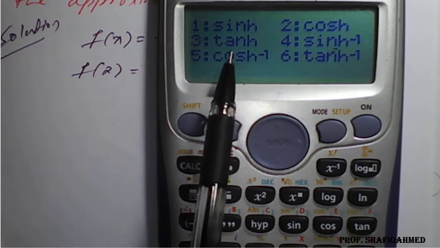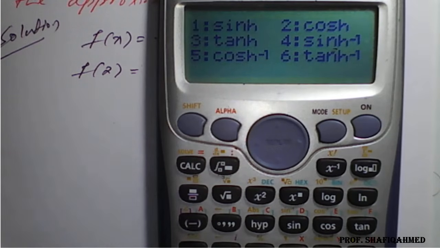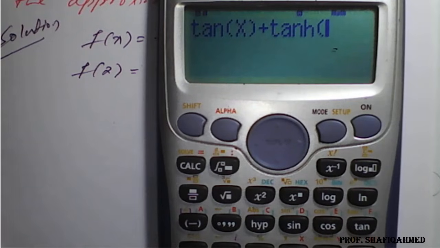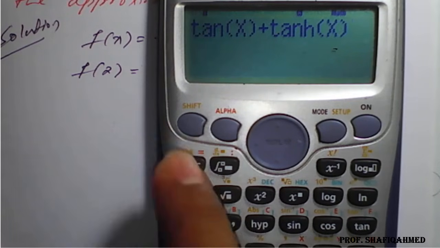It will ask which function, so you press 3, tanh of alpha x. Then go for the calc option.